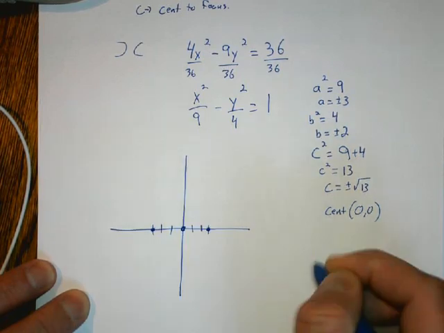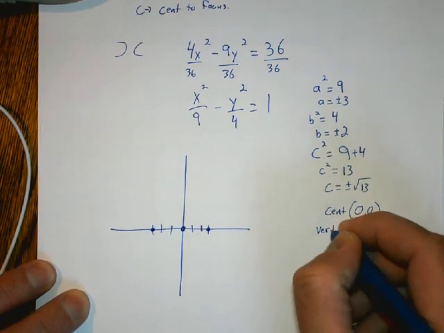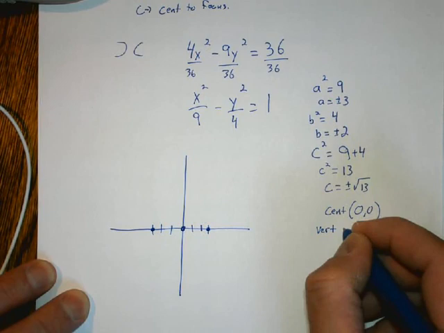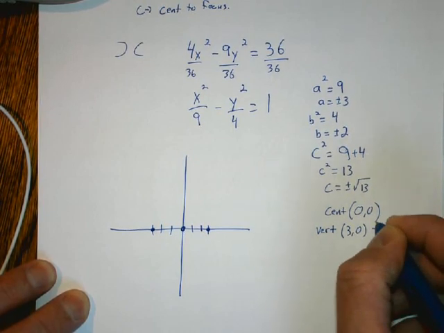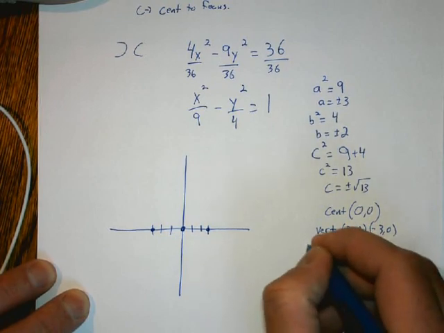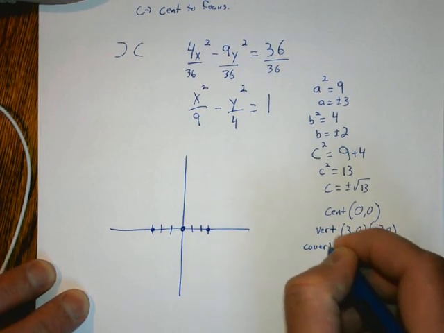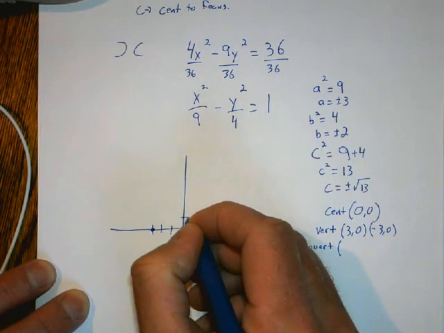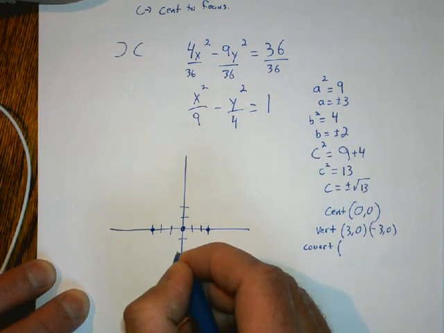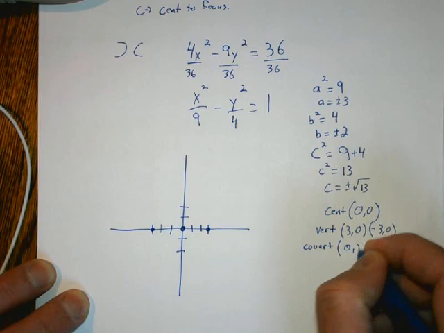So my vertices are at 3, 0 and negative 3, 0. Covertices is our B value, plus or minus 2. 0, 2 and 0, negative 2.